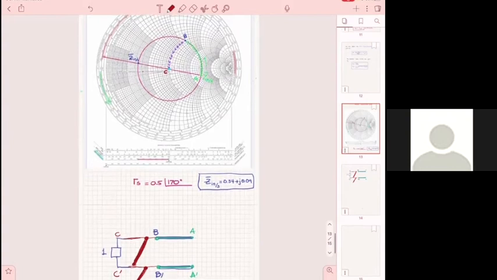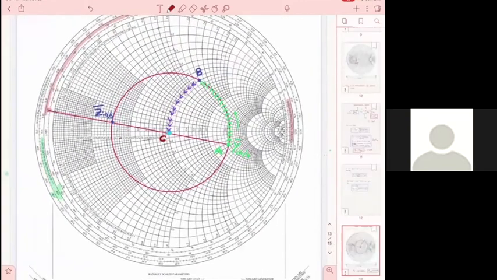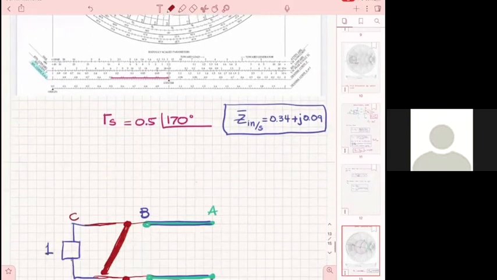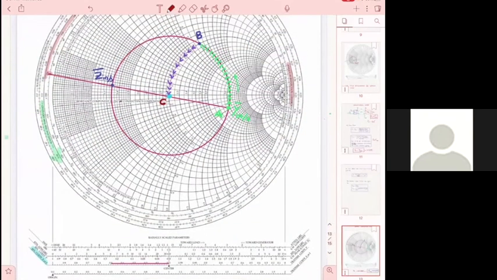All right, now how do I use these distances from A to B and from B to C? Why do I need them? To give me the length of the distance for the green on the transmission line. So the green arrows, the total of these, will give me the distance on the transmission line.